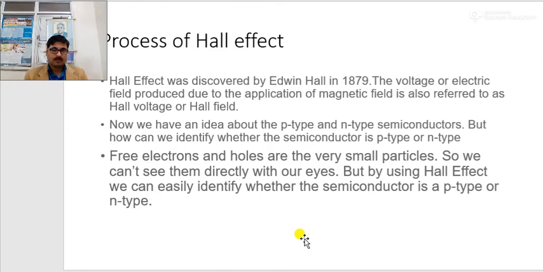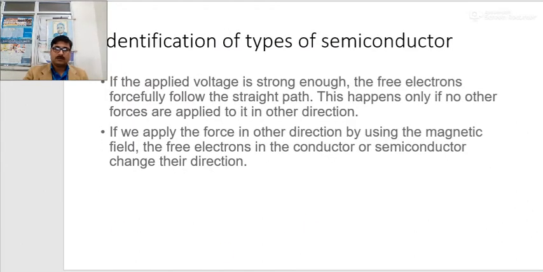So we can say that by the use of the Hall effect, we can say whether a semiconductor is n-type or p-type. From slide 4, it is clear the Hall effect is used to identify the nature of a semiconductor, as shown in the given slide. That identification of the type of semiconductor is the best application of the Hall effect, and we can say the Hall effect is the mathematical analysis by which you understand the type of semiconductor.